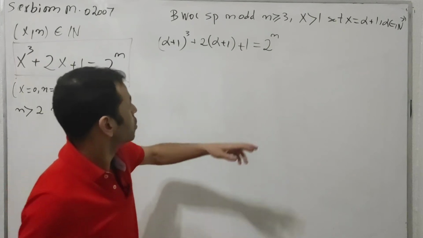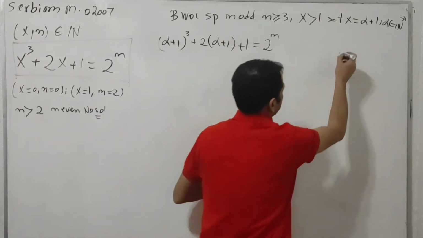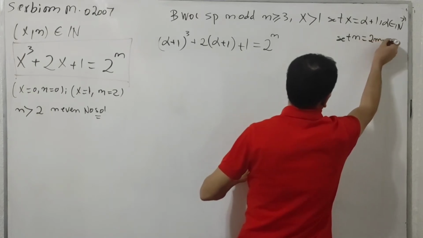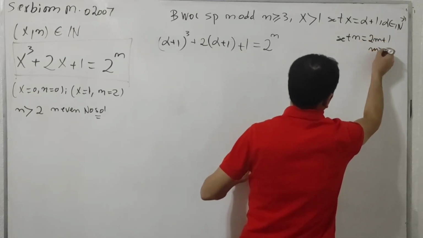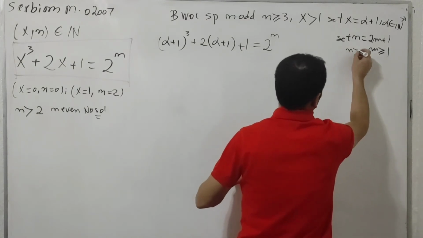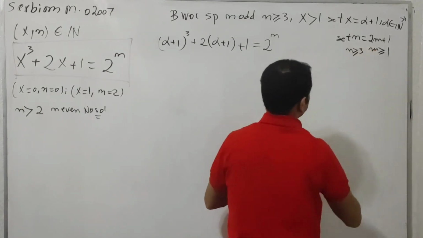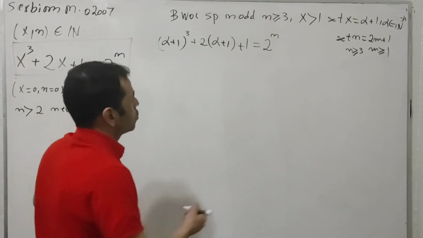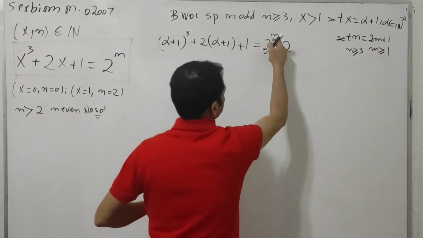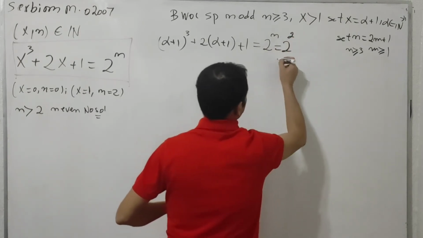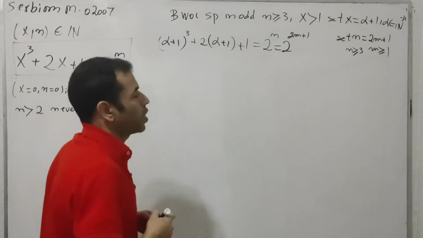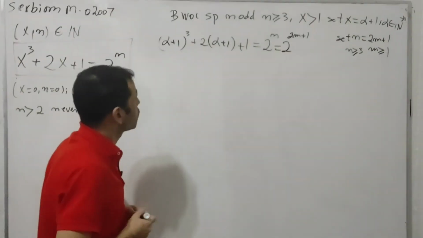As we said before, n is odd. Let's set n equals 2m plus 1, where m is superior or equal to 1 and n is superior or equal to 3. So now I'm going to replace n with 2m plus 1. Now n becomes an odd number.